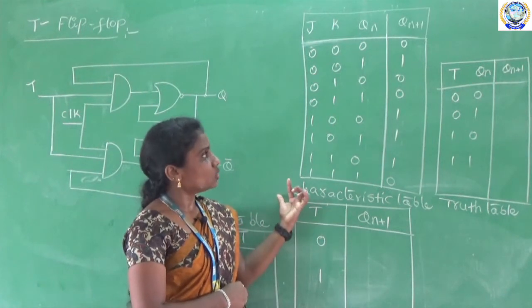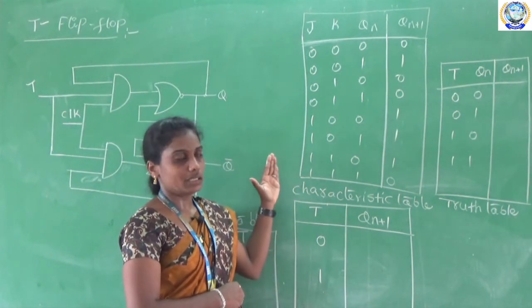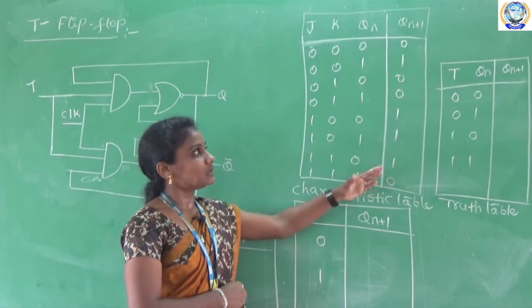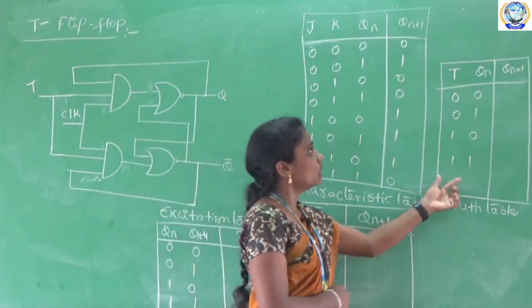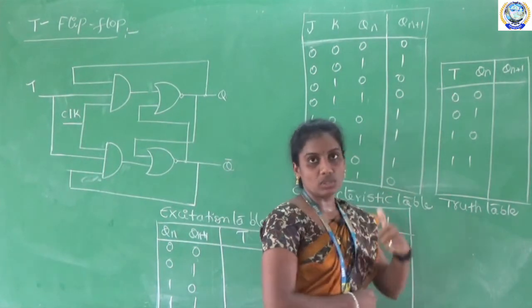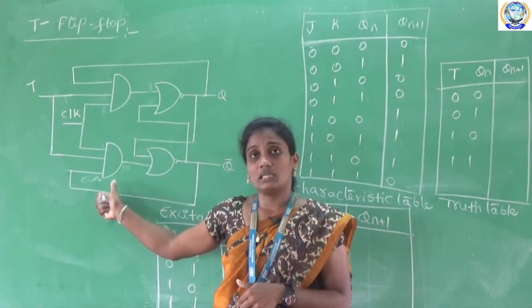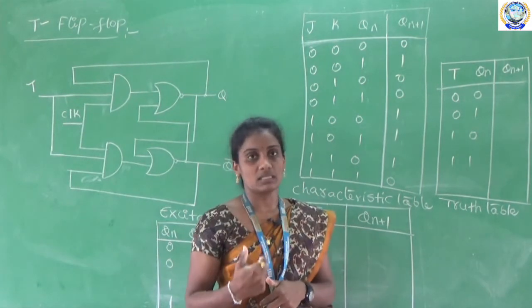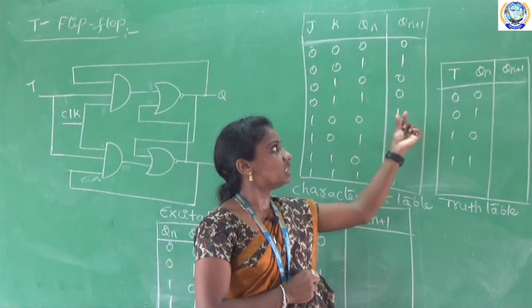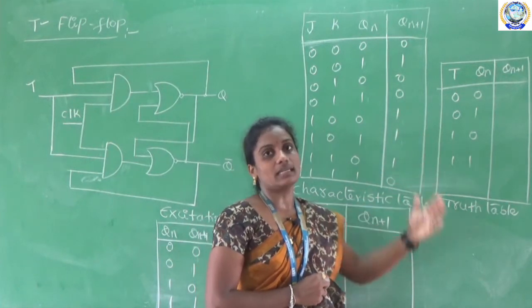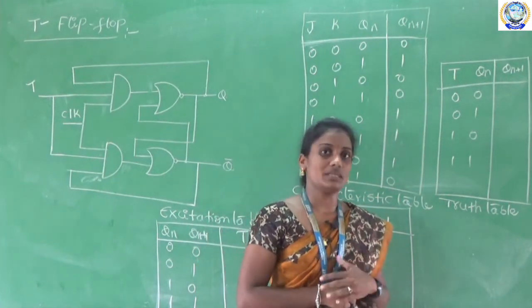T is the input given to the T flip-flop, Qn is the present state and Qn plus 1 is the next state. Depending upon T and Qn, we get the next state value Qn plus 1.